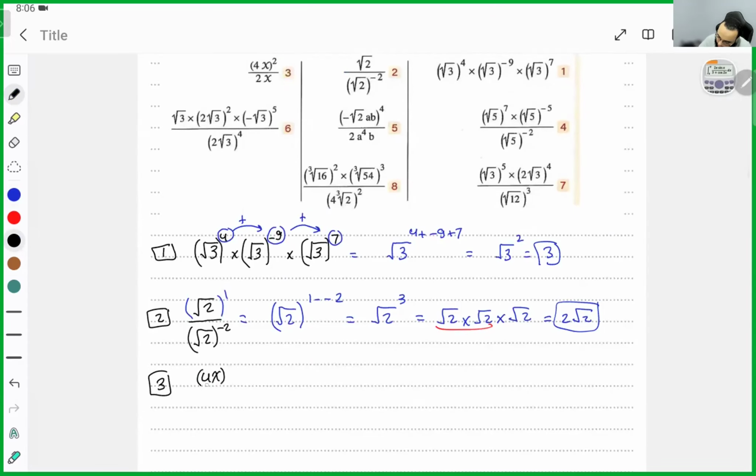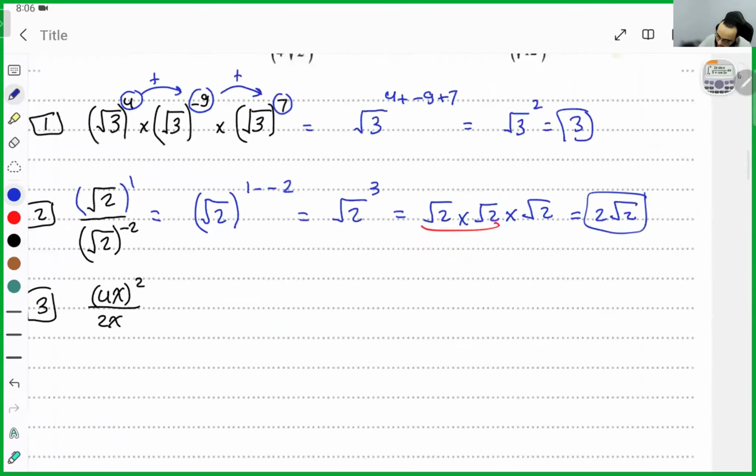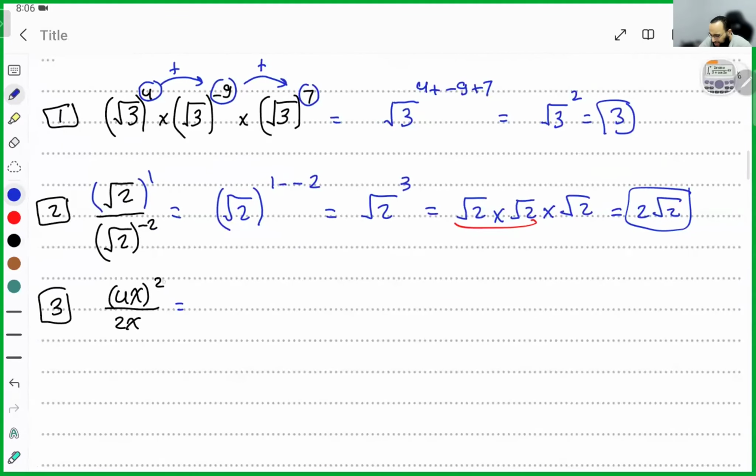4x power of 2 over 2x. Is this power over the 4 or the x or both together? Both together.